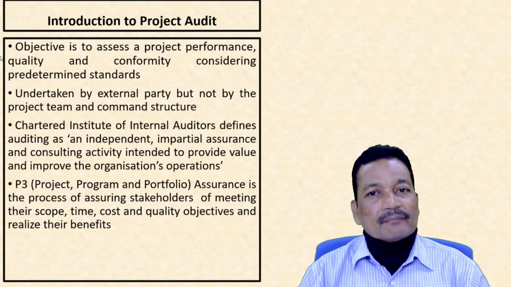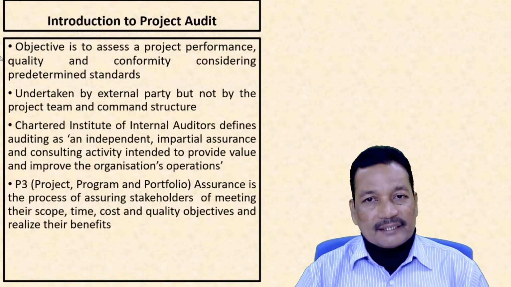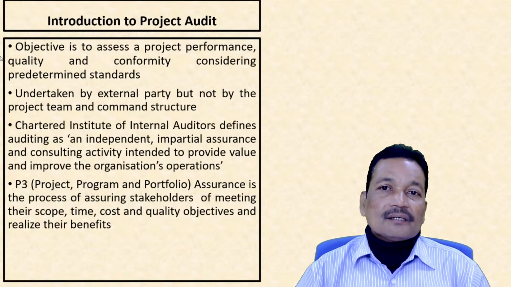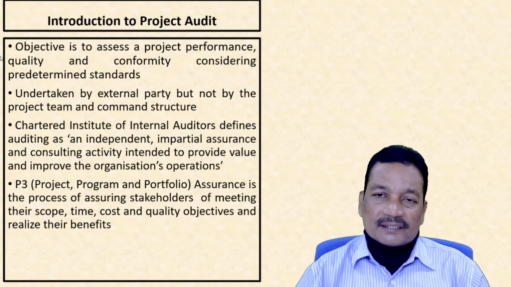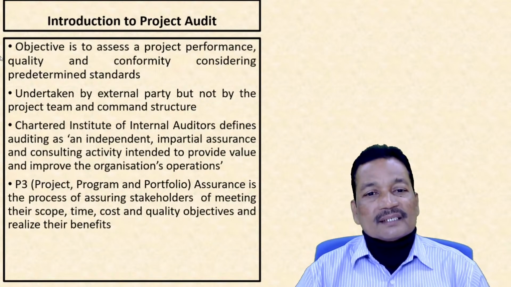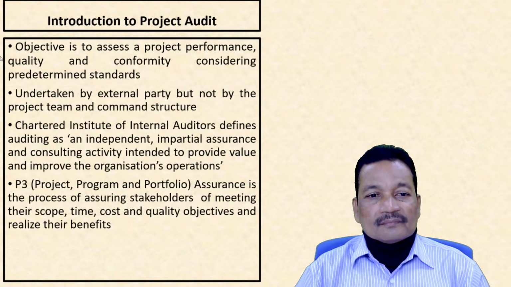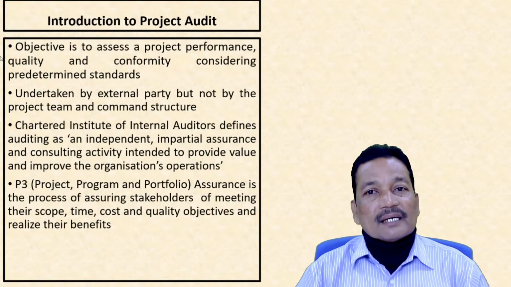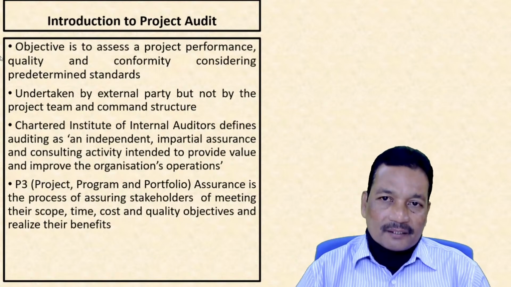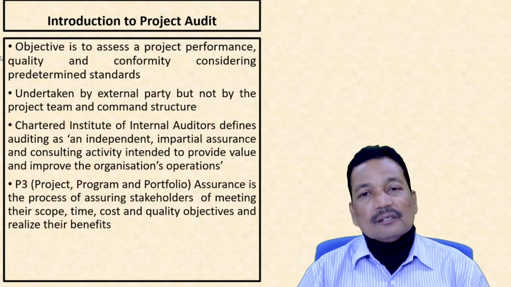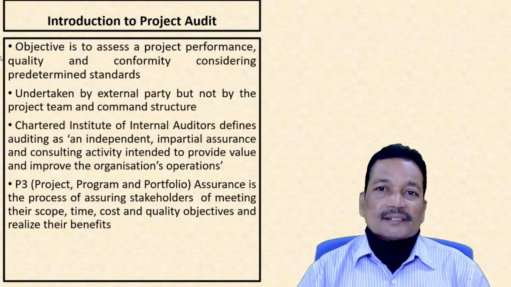Stakeholders also can be the financiers or the creditors, the in-house employees, the banks and the financial institutions, etc. And consulting activity, they will give consultancy on whether whatever activity is being done is adhering to the set standards that are practiced across industries.